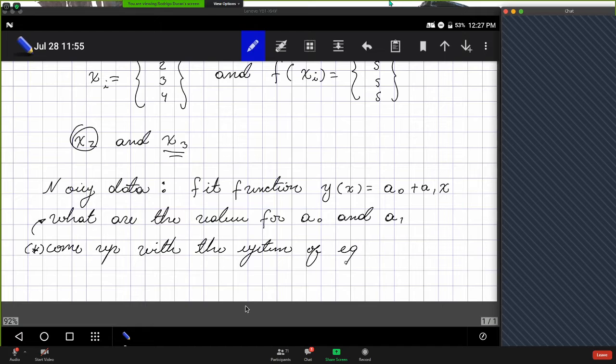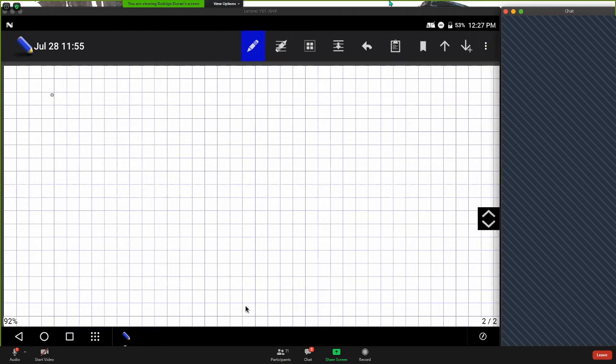If you recall correctly, the system of equations is something like this: you have your matrix here, and you have the two coefficients, which are what you're looking for, and then you have your right hand side vector. So one part is coming up with this system of equations, and the other is to actually solve for those values. That's as far as you need to know for least squares.